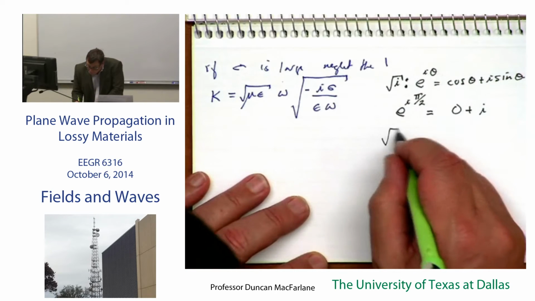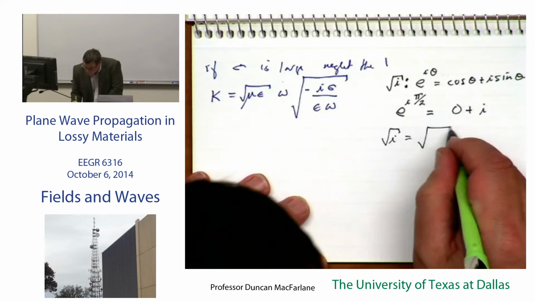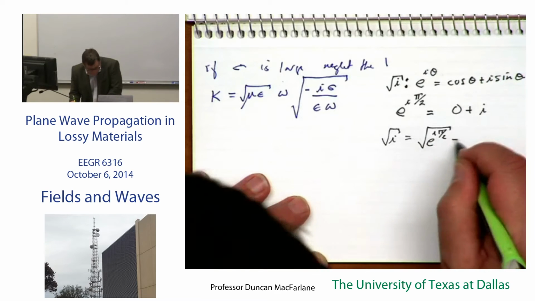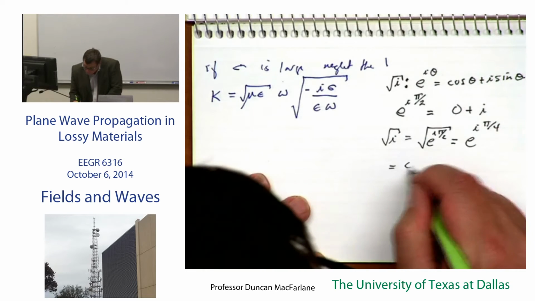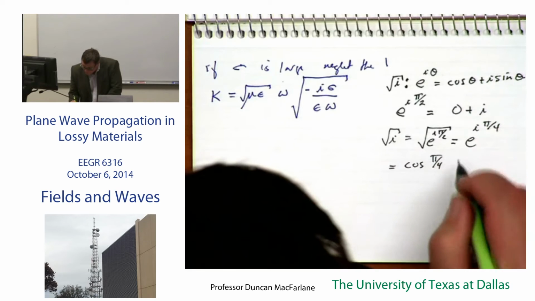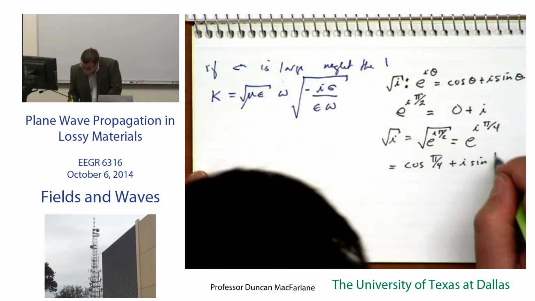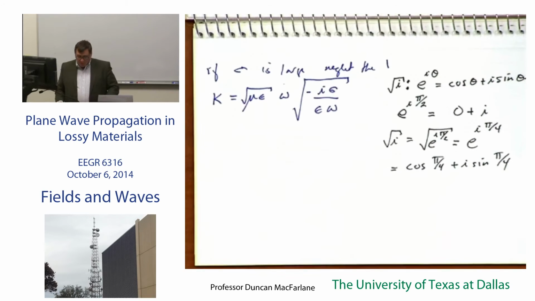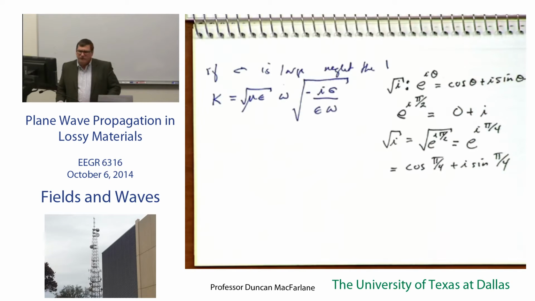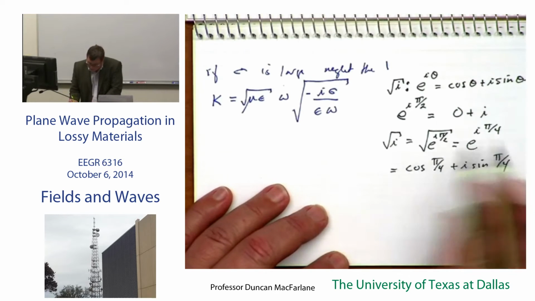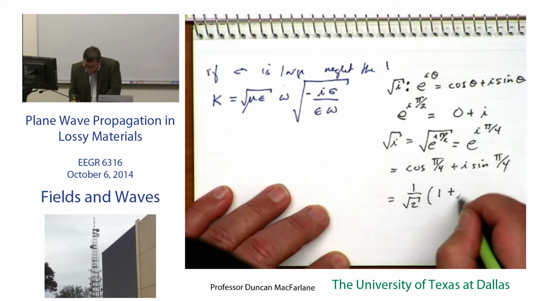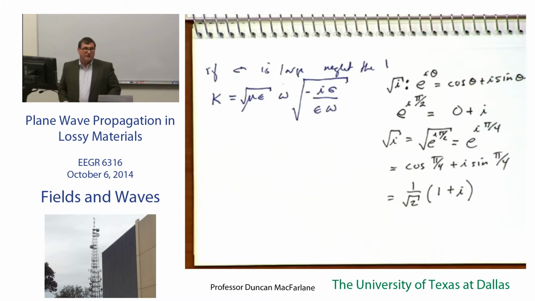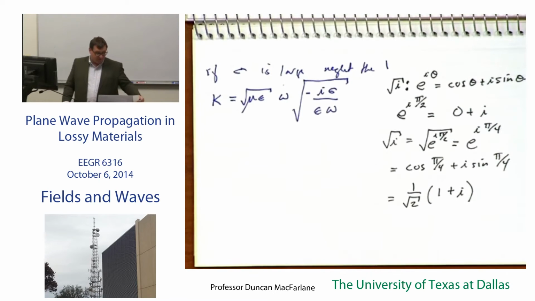Now the square root of i is equal to the square root of e to the i pi over 2, which is equal to e to the i pi over 4, which is equal to cosine of pi over 4 plus i sine of pi over 4. Pi over 2 is 90 degrees, so pi over 4 is 45 degrees. I can almost remember how to do that. I'm remembering root 2's. And so I have that situation.